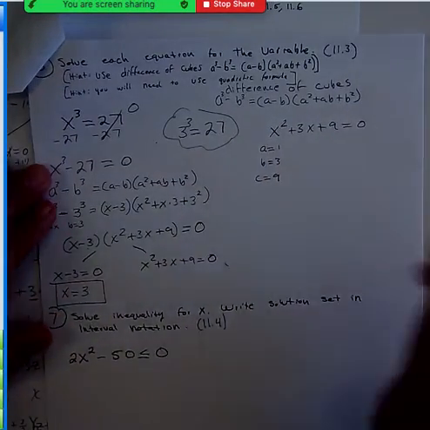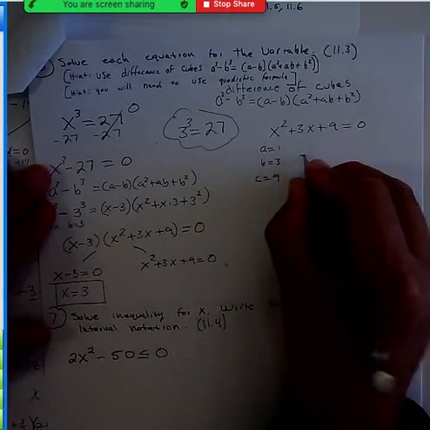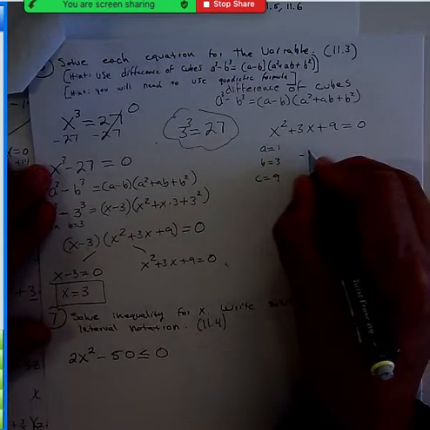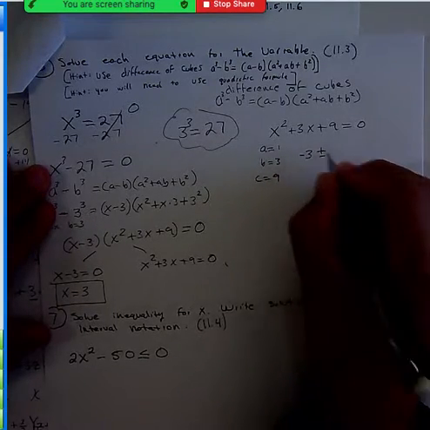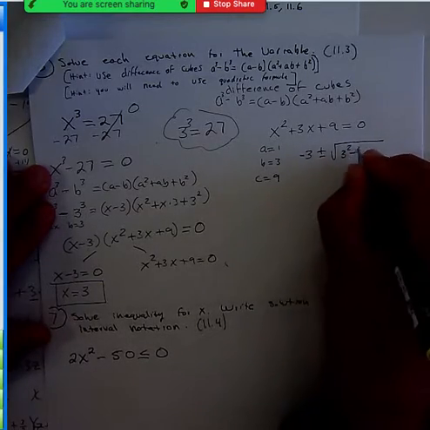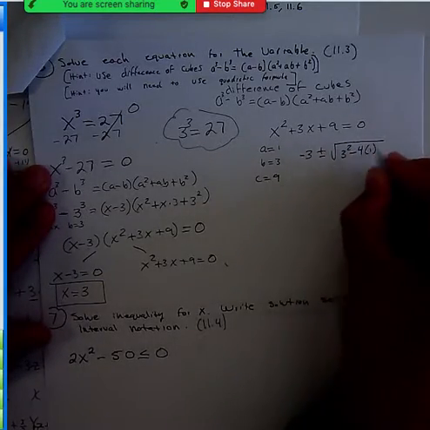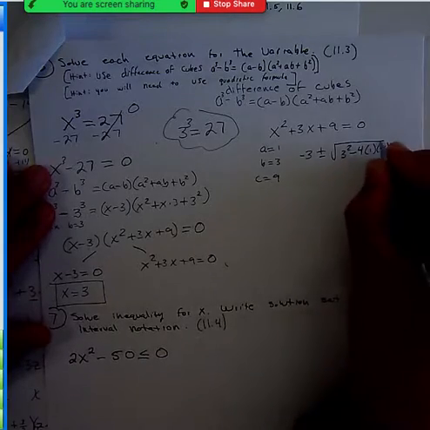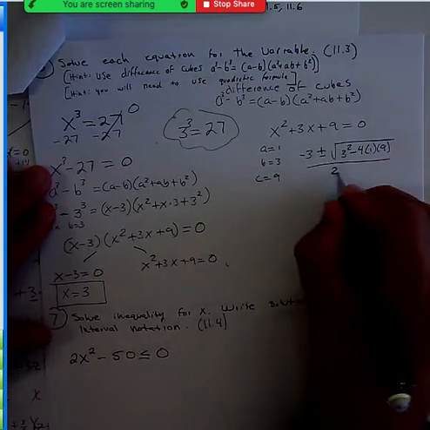So using the quadratic formula, remember it's negative B, which is 3, plus minus square root of 3 squared minus 4 times A times C over 2 times 1.